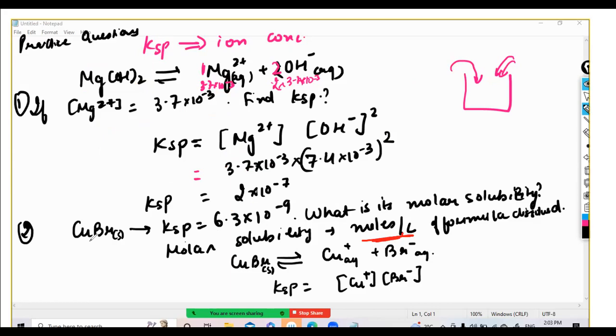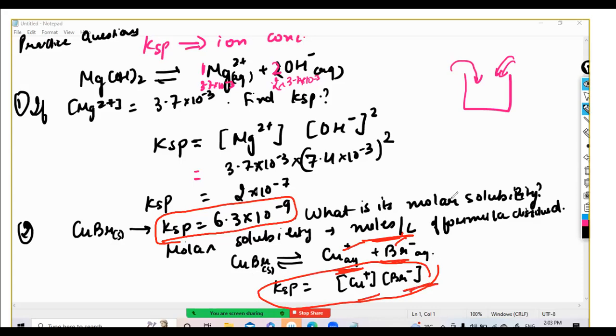So for CuBr, it's the other way around: Ksp is given, and now you want to find its molar solubility. What we're going to do is write the equilibrium expression for CuBr. CuBr will be dissociating into Cu+ and Br-. Then we will write the Ksp expression, which will be the multiplication of Cu+ and Br-. And what next do we have?